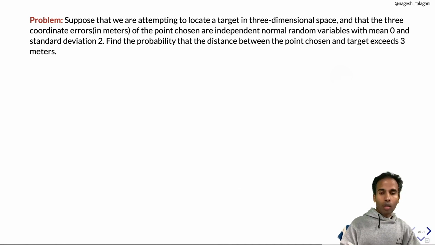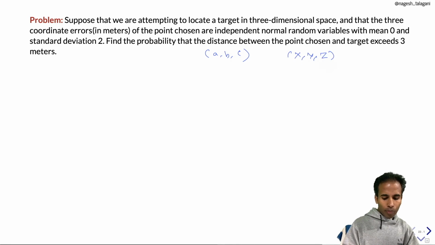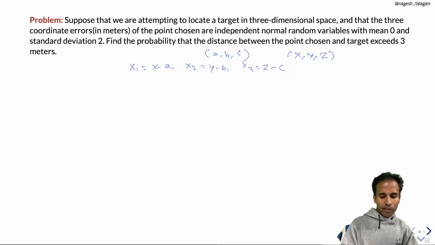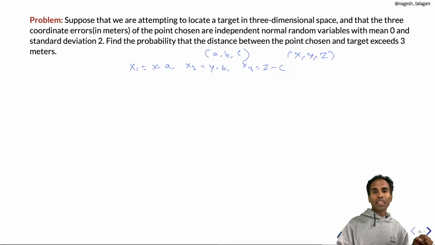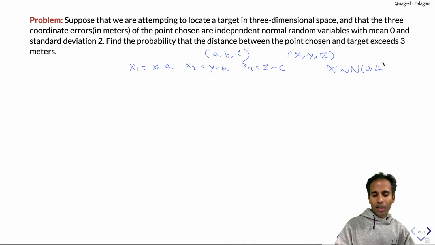Let ABC be the target, and let us say the point we have chosen is XYZ. Then the errors we are going to make are x1 equal to x minus a, x2 equal to y minus b, and x3 equal to z minus c. These are the errors we make in each coordinate. It is given that each xi follows a normal distribution with mean 0 and standard deviation 2.